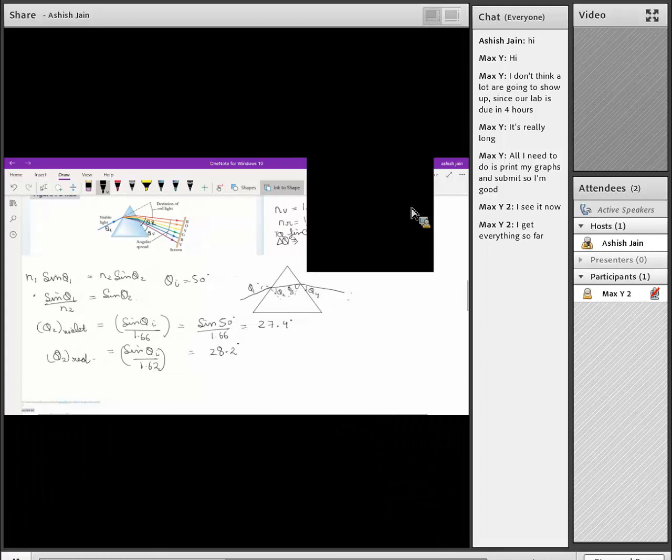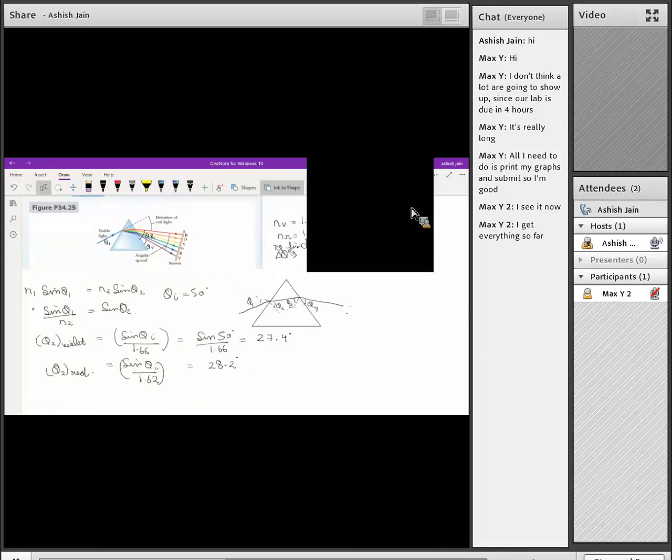Also, this is 60 degrees. 90 minus theta 2 plus 90 minus theta 3 plus 60 is equal to 180 degrees.